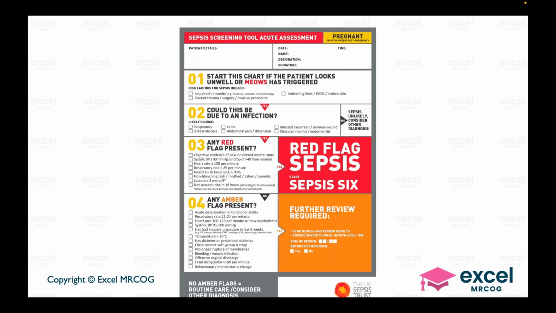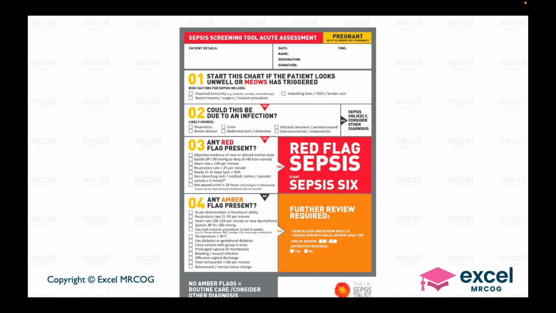Look for erythema, any rise in temperature, any swelling on the breast, any discharge. Urine, is she having urinary symptoms? Any hematuria, urine routine, and leukocytes, nitrites can be checked. Any abdominal pain or distension, it could be intra-abdominal infection as well as endometritis. Then if she's having infection at the wound site, always look at the episiotomy or the cesarean wound site. Very important. And you look for evidence of vaginal infection, endometritis.